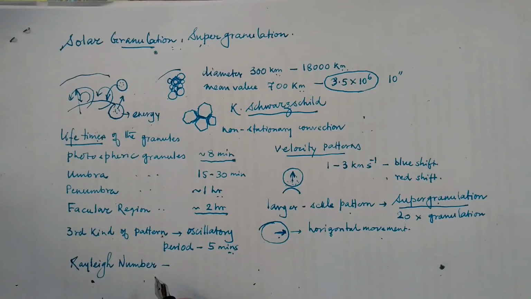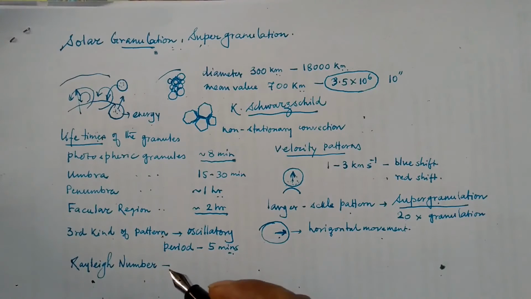means that the reason for the convection is a kind of turbulence. Okay, now how do we calculate this Rayleigh number? We calculate the Rayleigh number like this.